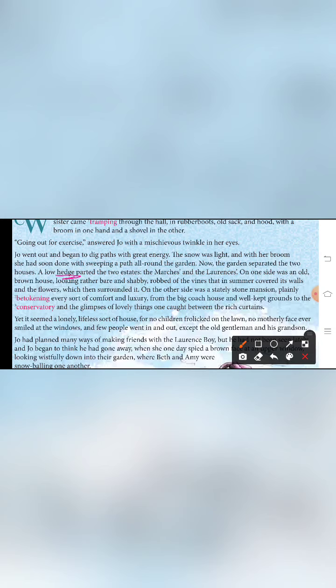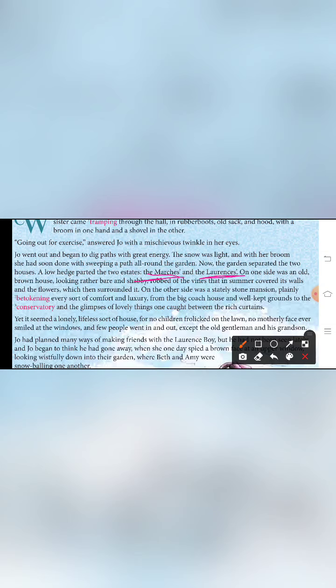So here the description of two houses is being given: one house is of the Marches and the second is of the Lawrences, right? As I've told you in the starting, we will talk about two families here.